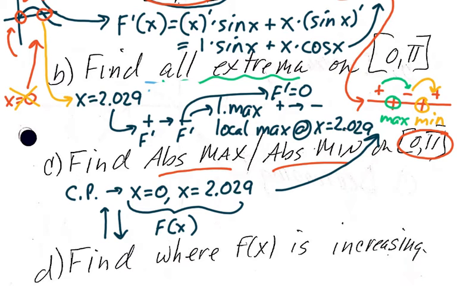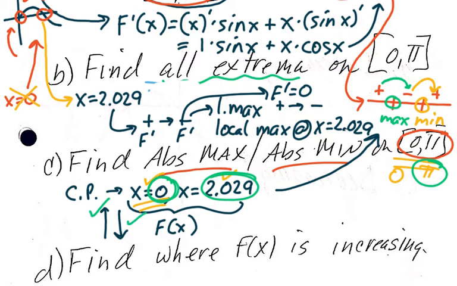But we're not only going to plug in these 2 values of 0 and 2.029, but for absolutes, we also have to plug in the endpoints. Well, 0 is an endpoint. We're already going to plug it in over here, but so is pi. So now we have 1, 2, 3 values that we need to plug into our original function to see which one gives us the highest value. That would be our absolute max.